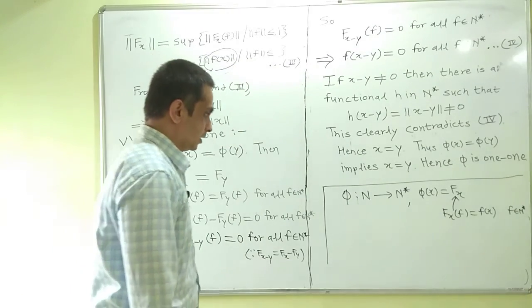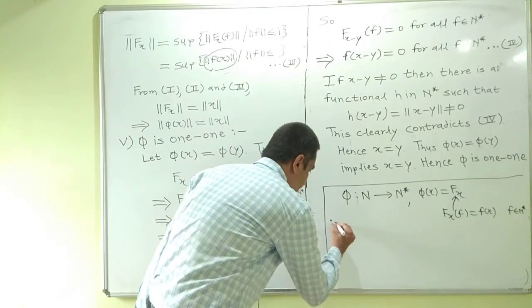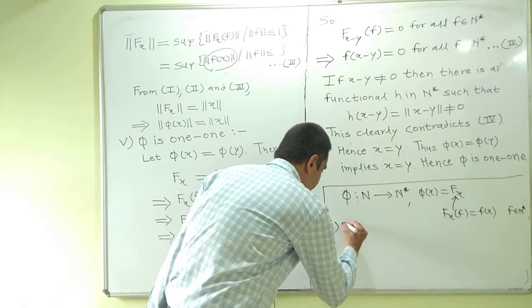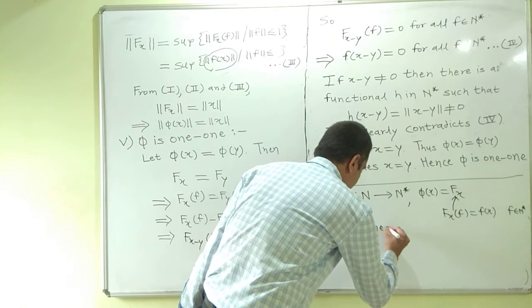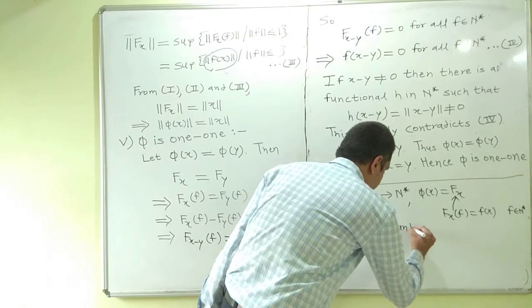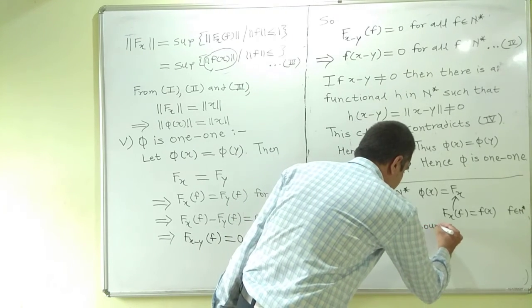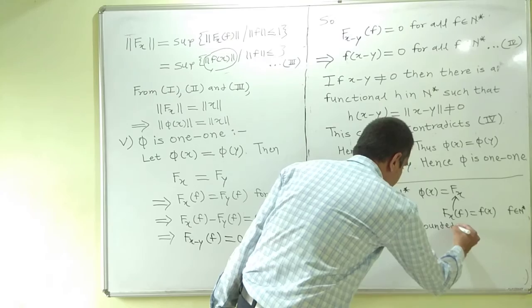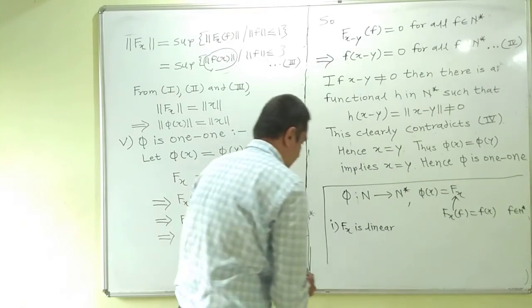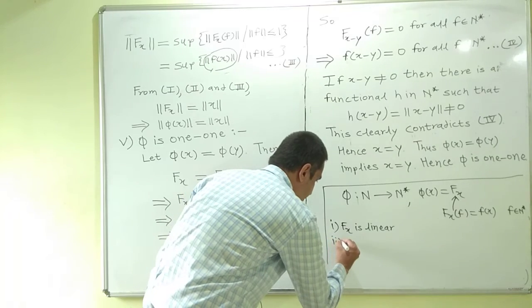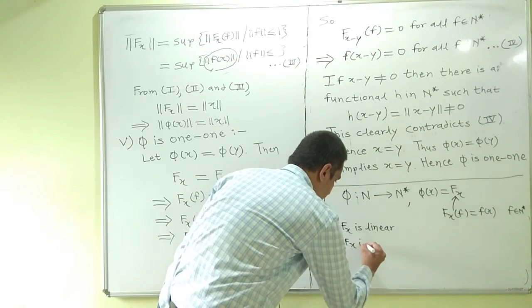Then we began the proof by verifying two facts. Fx is linear and bounded.